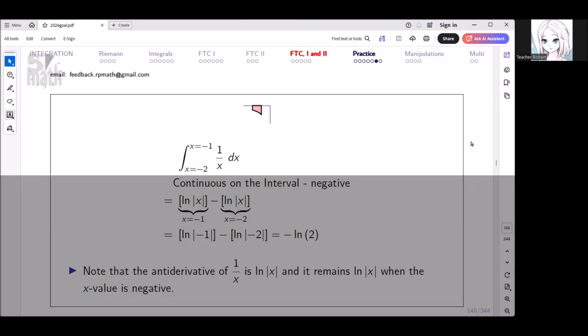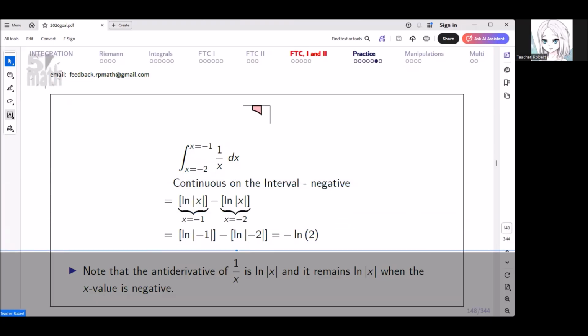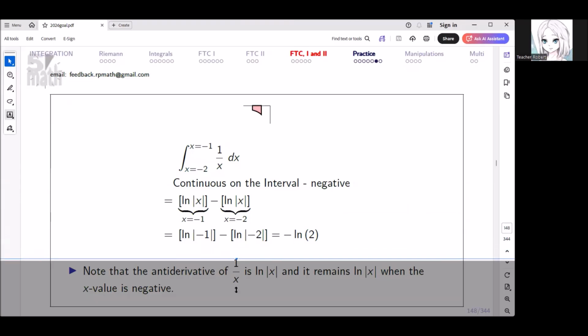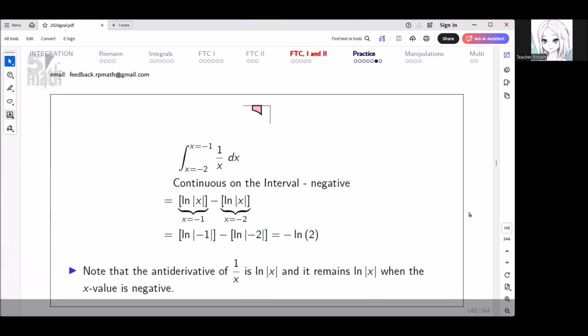The integral from x equals minus 2 to x equals minus 1 of 1 over x dx. We get minus ln 2. Note that the antiderivative of 1 over x is ln absolute value x, and it remains ln absolute value x when the x value is negative.